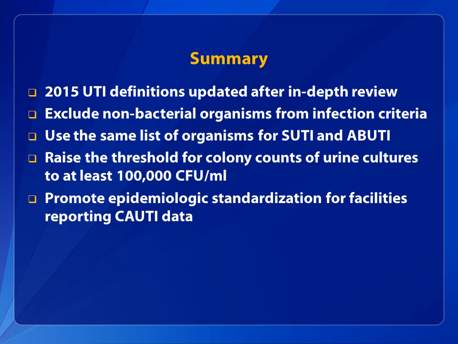Symptomatic UTI and asymptomatic bacteremic UTI are still part of the UTI definitions, but the number of CAUTI criteria has been reduced from 4 to 2. Simplifying the criteria should encourage consistent data collection and reporting, thereby leading to improved assessment of UTI prevention activities.